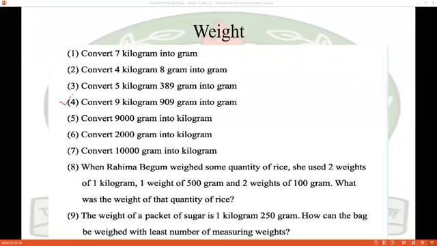Number 4, convert 9 kilogram and 909 gram into gram.